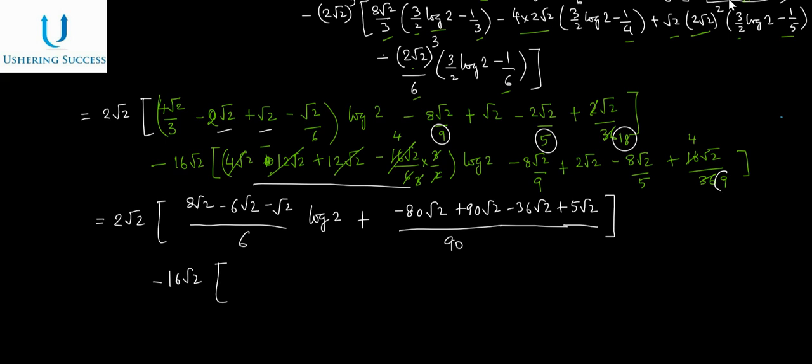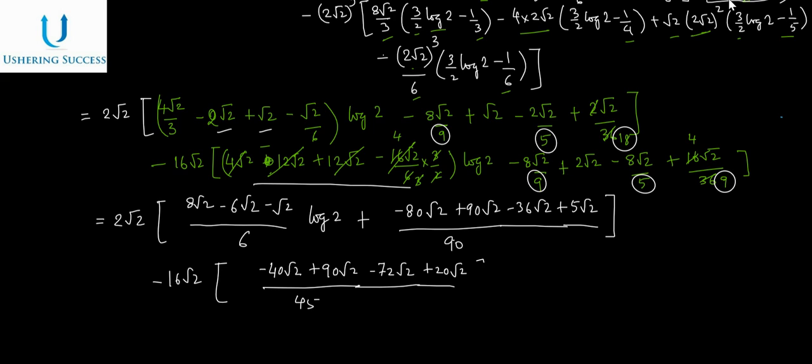So here we have 9 and 5, so we take 45 as the denominator, and I have minus 8 root 2 into 5, which is minus 40 root 2, and then I have 2 root 2 into 45, so plus 90 root 2, and then minus 8 root 2 into 9, so minus 72 root 2, and then finally I have 4 root 2 into 5, so plus 20 root 2.